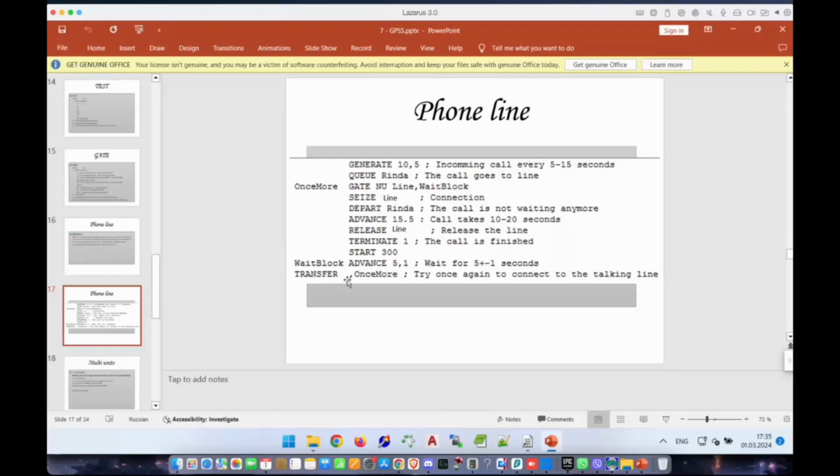And then without any condition, the transact is pulled once more to the name of the line. And here again, we check the state of the line.